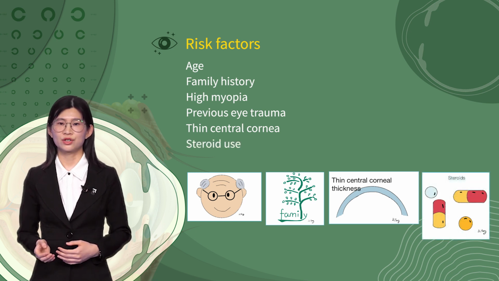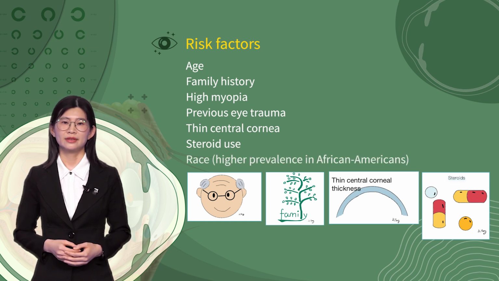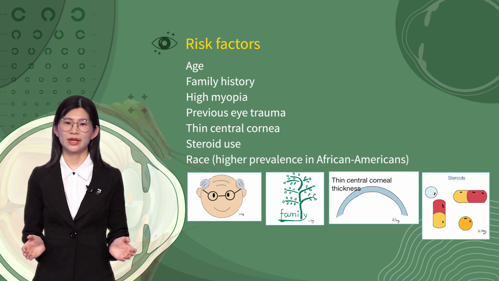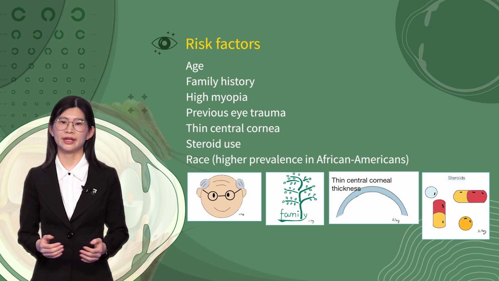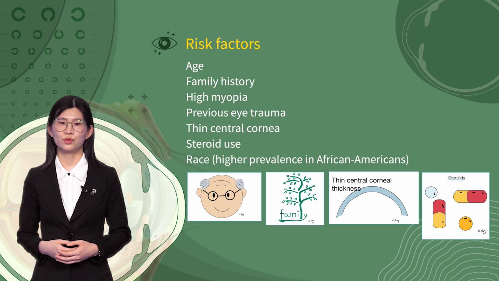It will affect the drainage function of the trabecular meshwork. Race. Data shows there is high prevalence in African Americans. The best way to catch open-angle glaucoma early is to have an annual eye check, especially for those with risk factors.